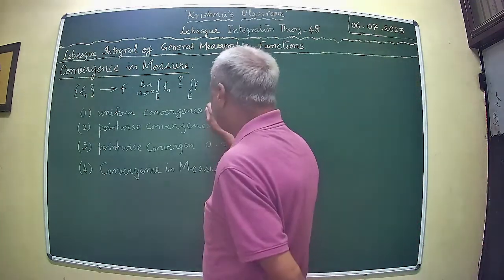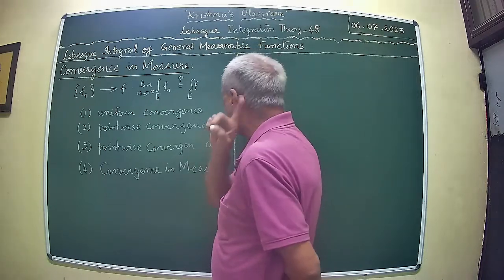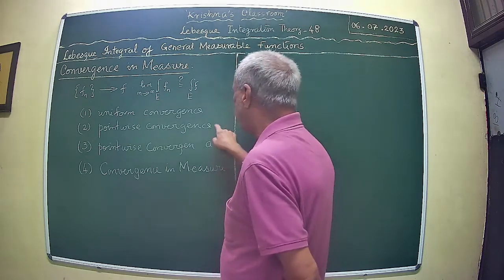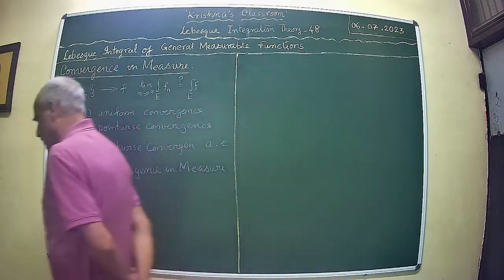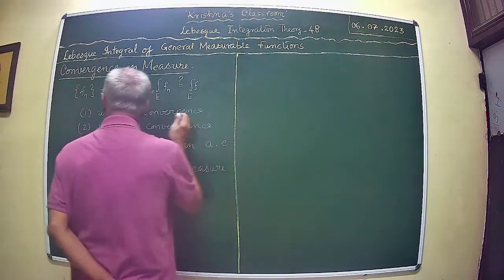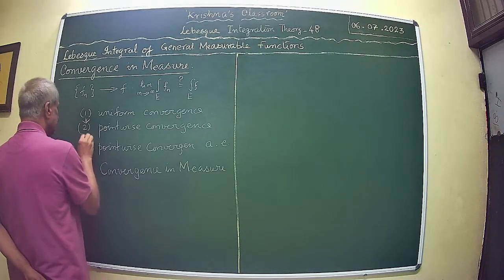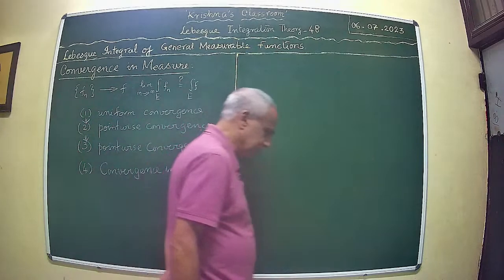These three we have considered, and you know that if you have uniform convergence, then point-wise convergence is assured. If you have point-wise convergence, then point-wise convergence almost everywhere is assured. So you have this implication, and so on.